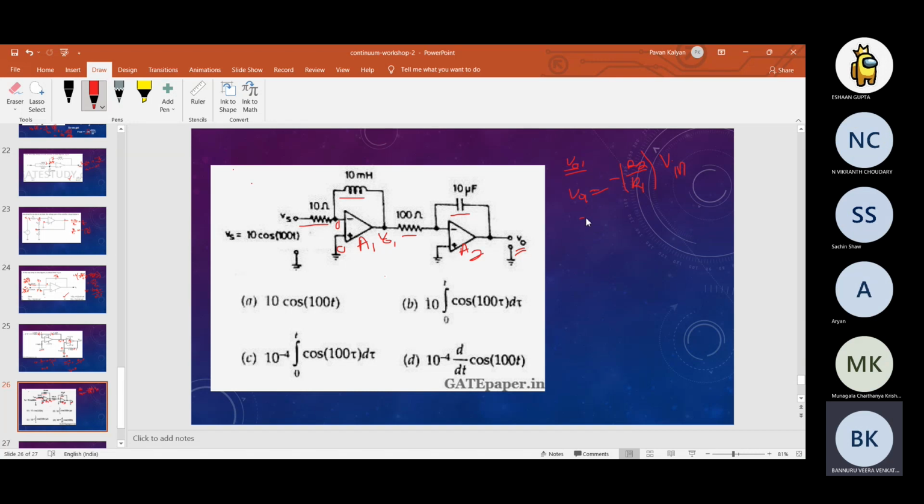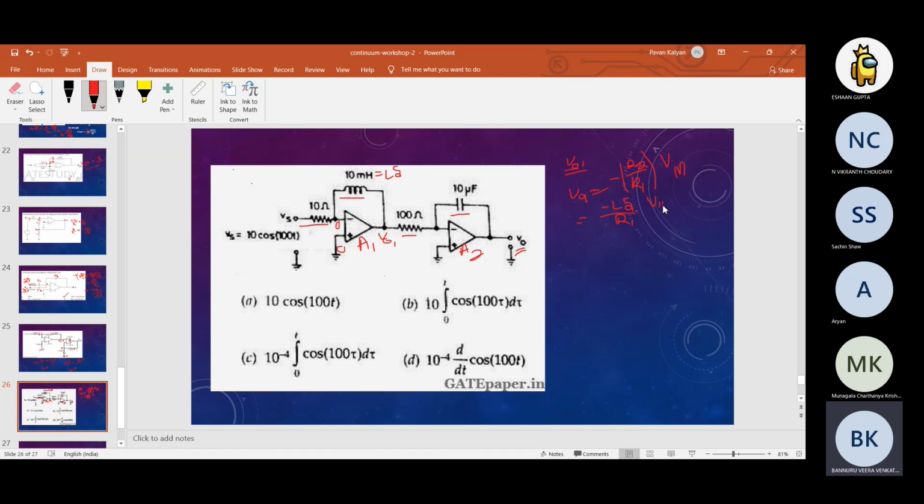We know that R2 is an inductor, so it will be equal to Ls in the Laplace domain. So we will be getting minus L times S divided by R1, the resistance, times V in.